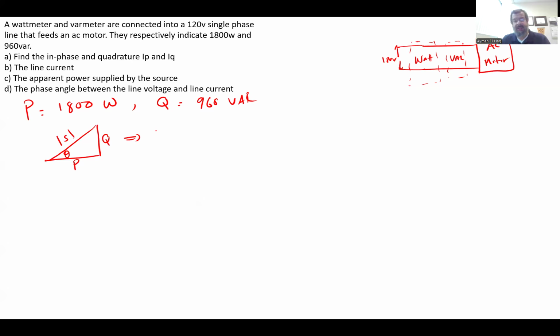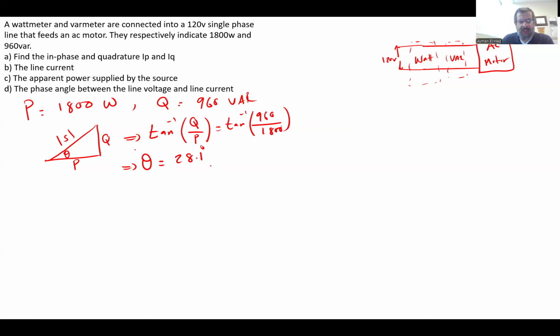So it's tan inverse of Q over P, tan inverse of 960 over 1800, and this makes the angle theta equal to 28.1.